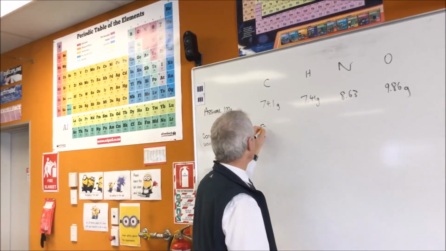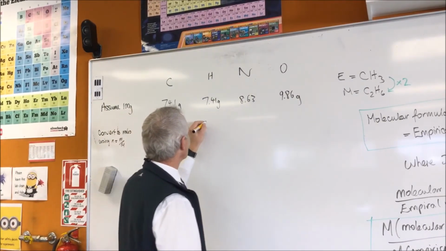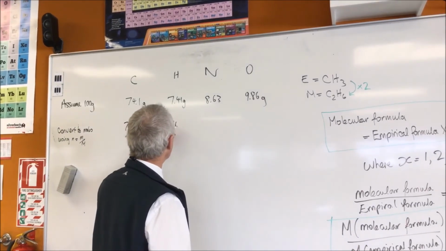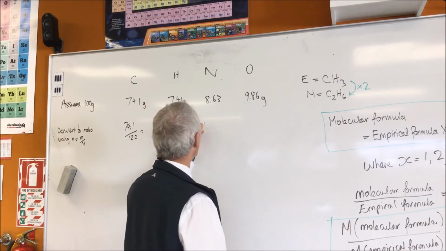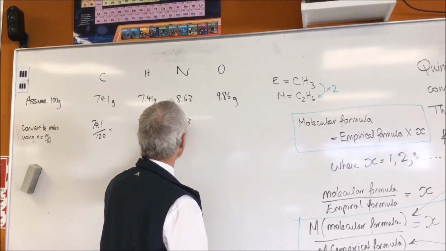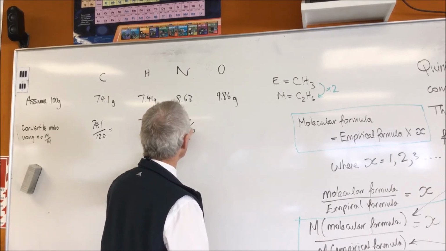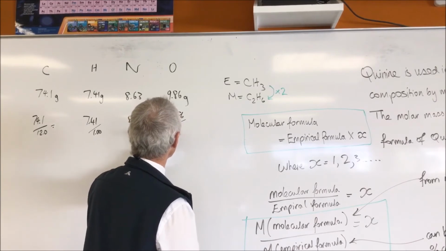So we've got 74.1 over 12.0. We've got 7.41 over 1.00. We've got 8.63 divided by 14.0 and 9.86 divided by 16.0.